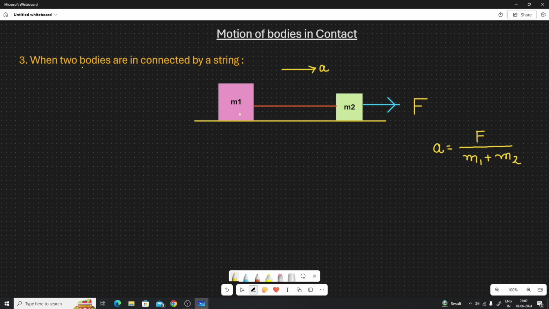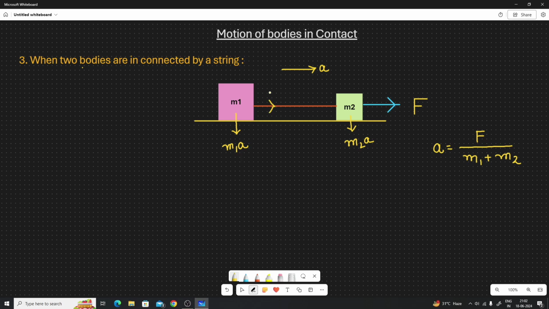Now what is the force acting on m1? The force acting on m1 is m1a, and the force acting on m2 is m2 into a, and this force m1a is provided by the string.